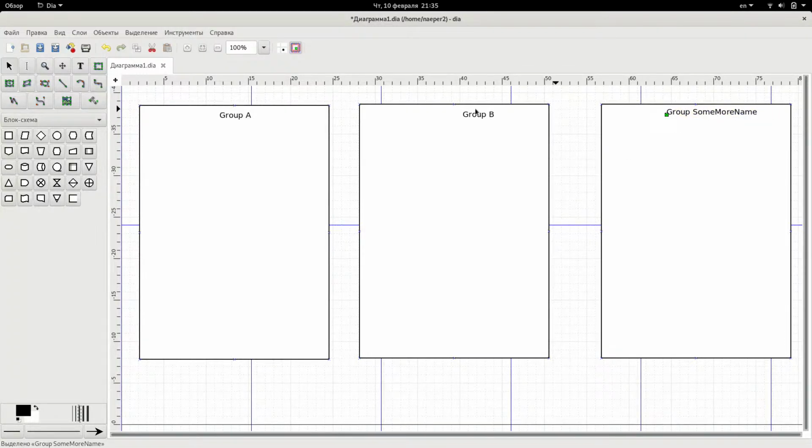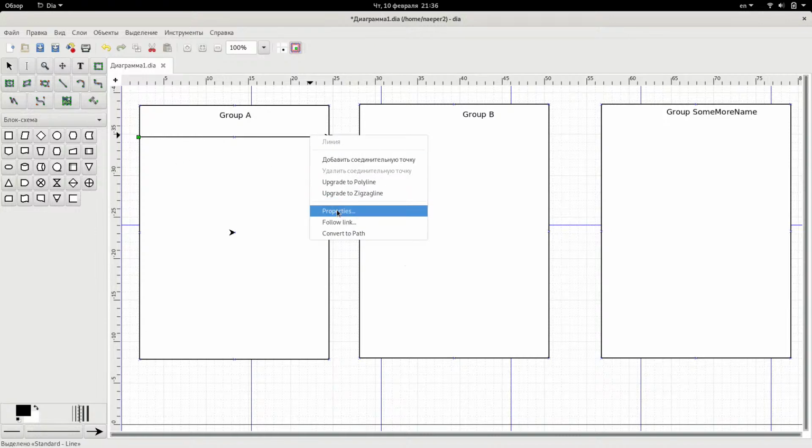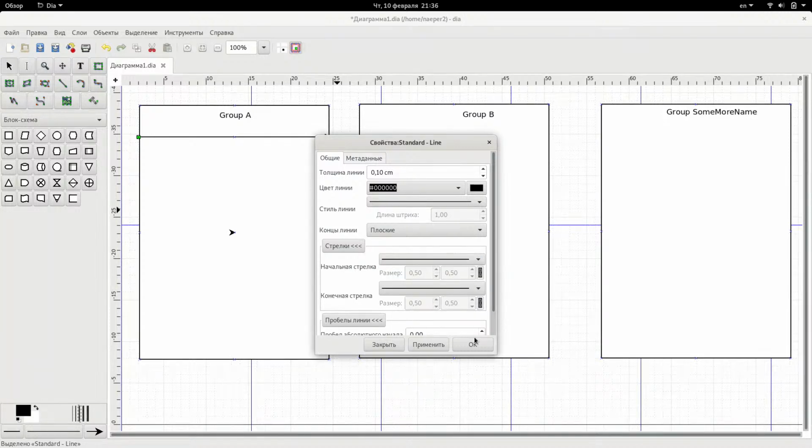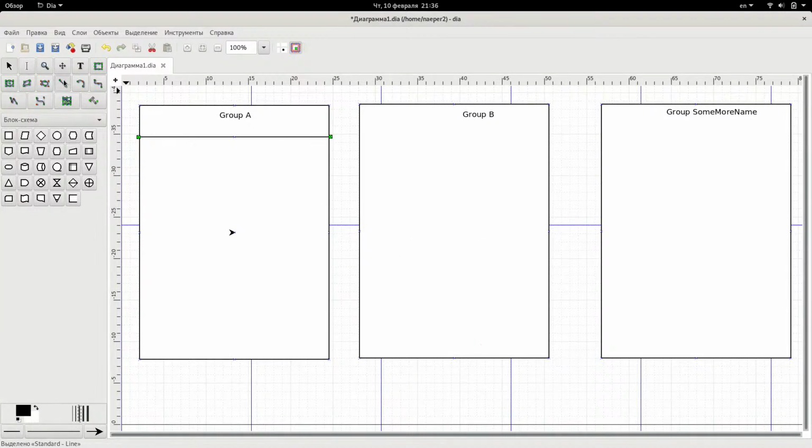So in these groups, we'll have a set of values. How it could be drawn, let me try. Okay, here only I don't need an arrow, and I think we need a line here.